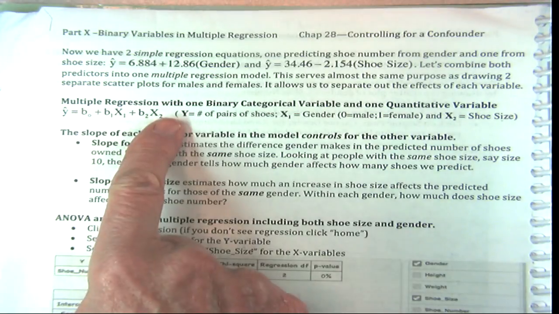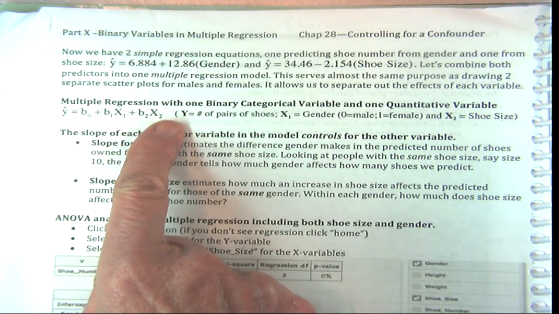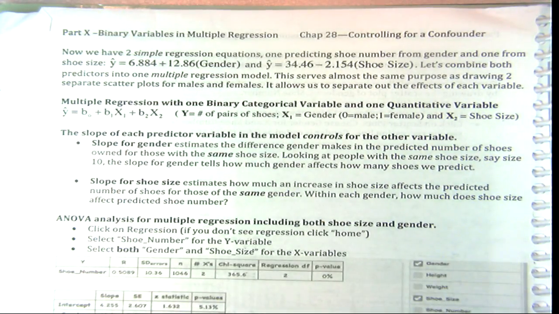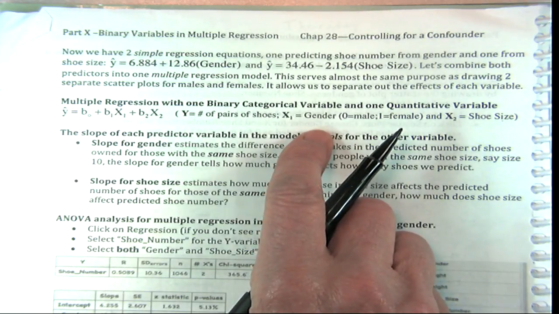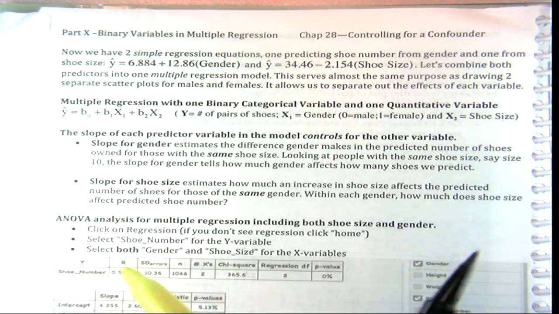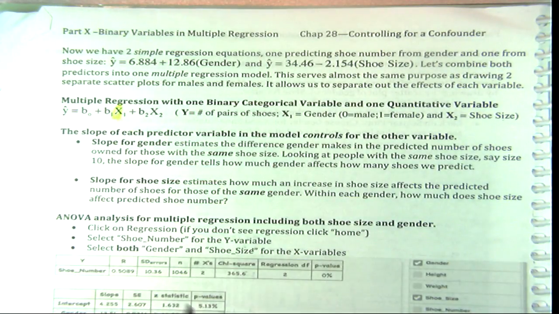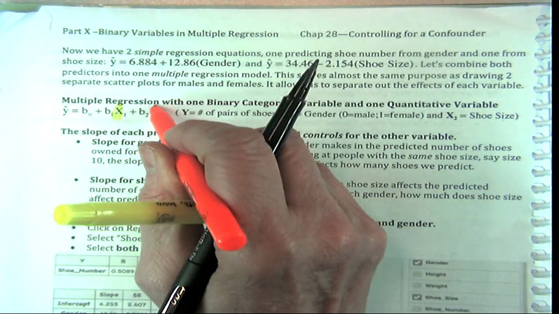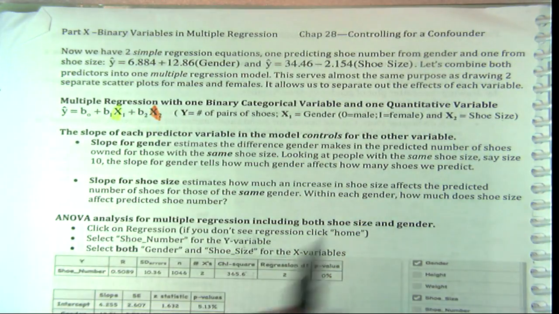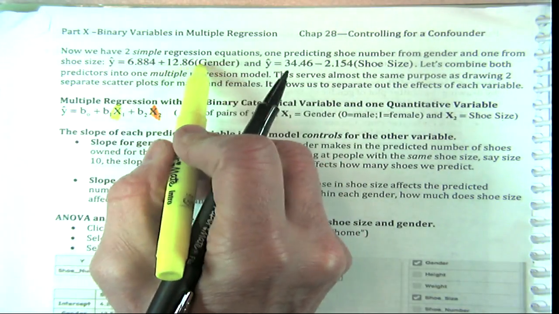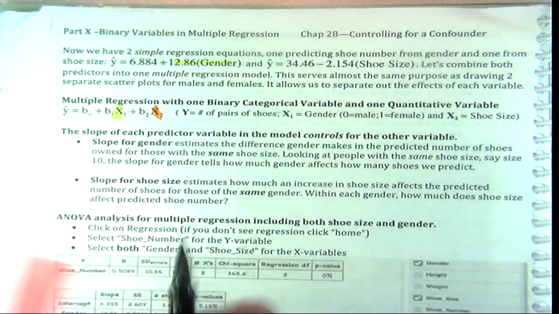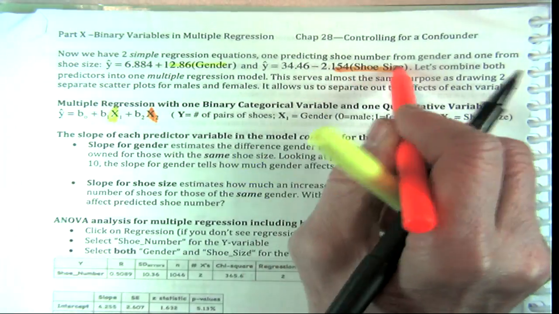Okay, so x1 is going to be gender. So we have one from gender right here, and we'll say x2 is shoe size. So we're going to combine this one, predicting shoe size, with this one and put them together.